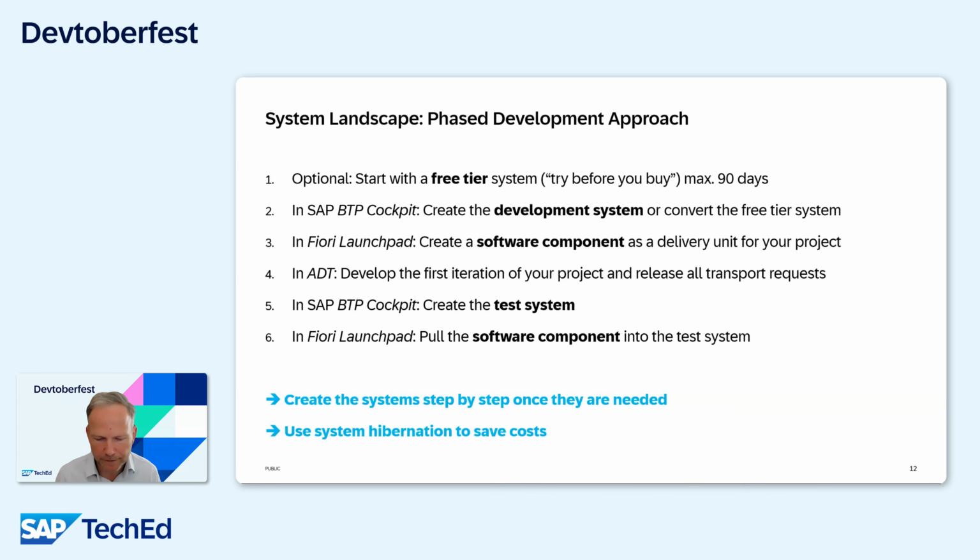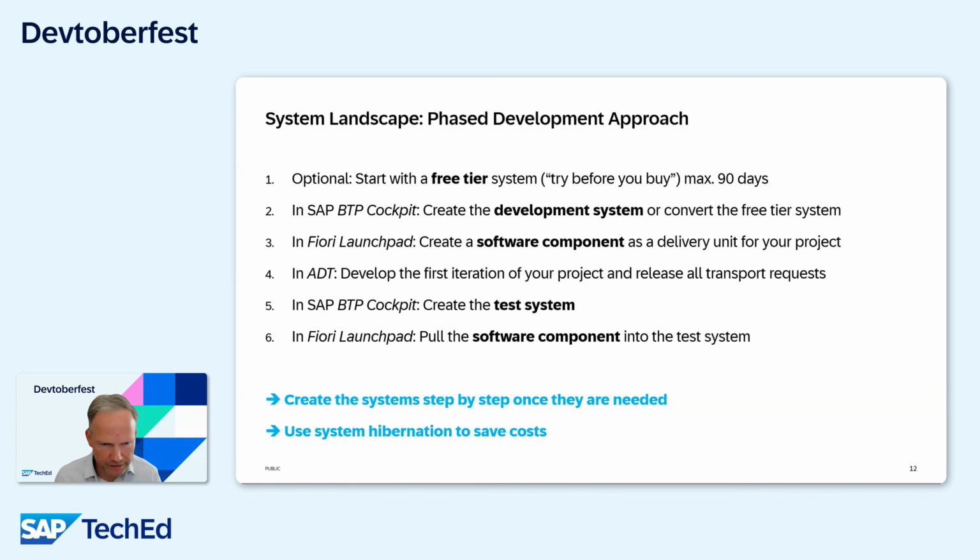And if you start a real project, you should create a software component, because the software component is a delivery unit for your product. So this is mandatory, otherwise you cannot transport your developed objects out of the system.